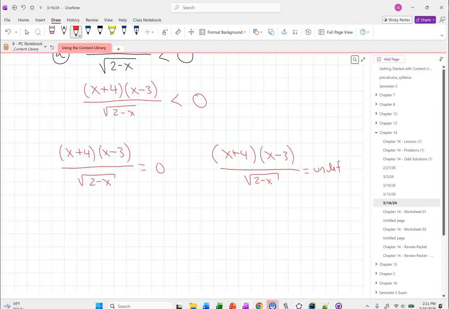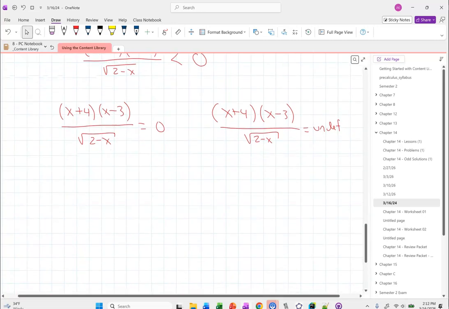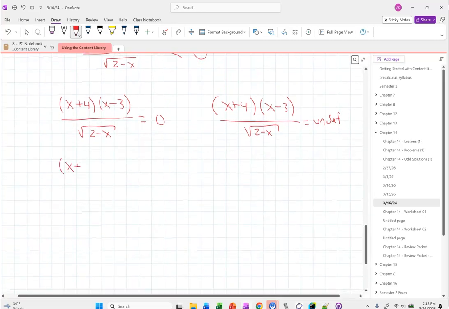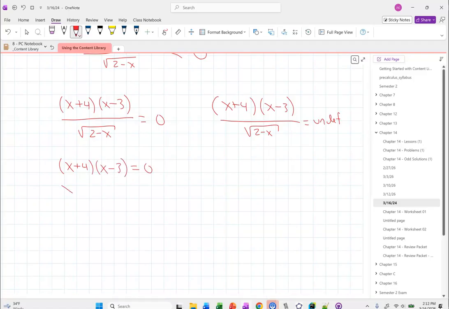Those are going to give us the values for my sign diagram. This is still a fraction, right? When is a fraction equal to 0? When the numerator is 0. Pretty good there.